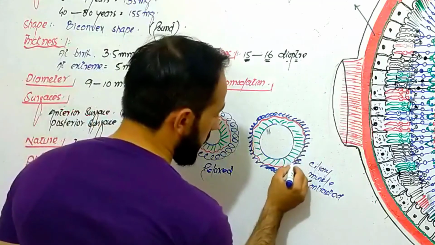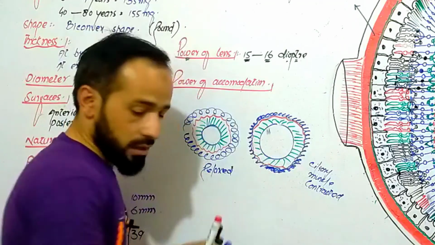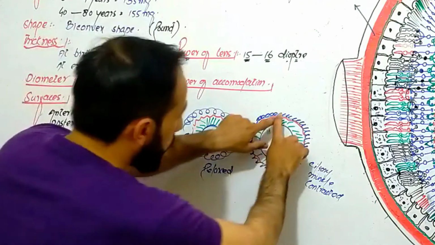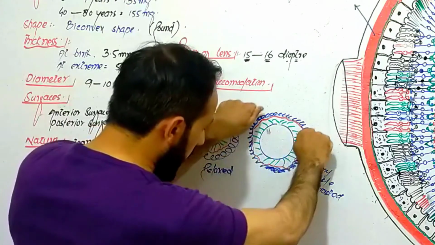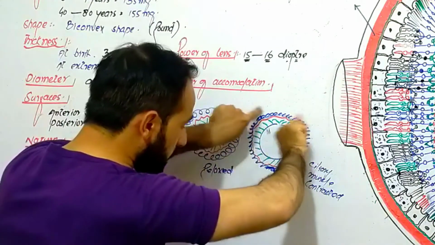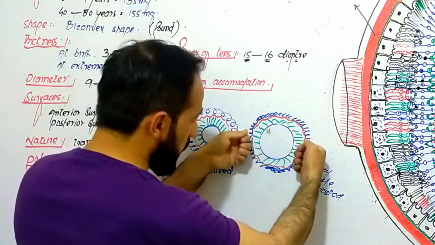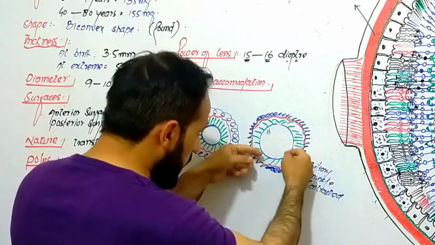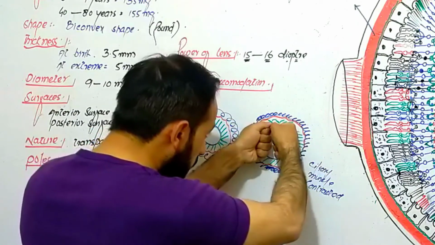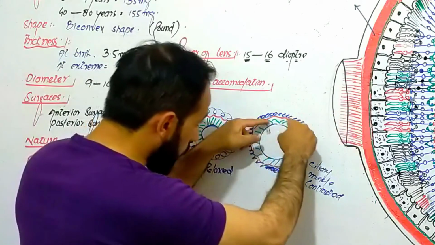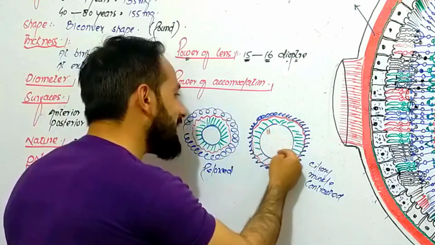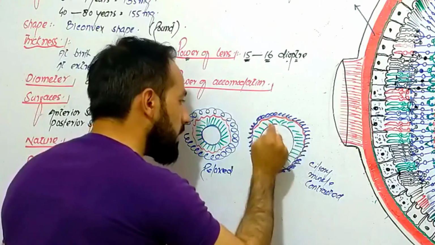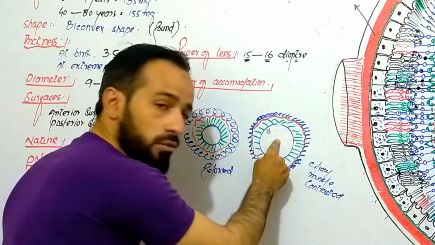And when the muscles contract, on all the sides they pull the suspensory ligaments. When the suspensory ligaments are pulled on all the sides, they will pull the lens to all the sides of the ciliary body, so that they increase the size of your lens, the surface area of your lens.